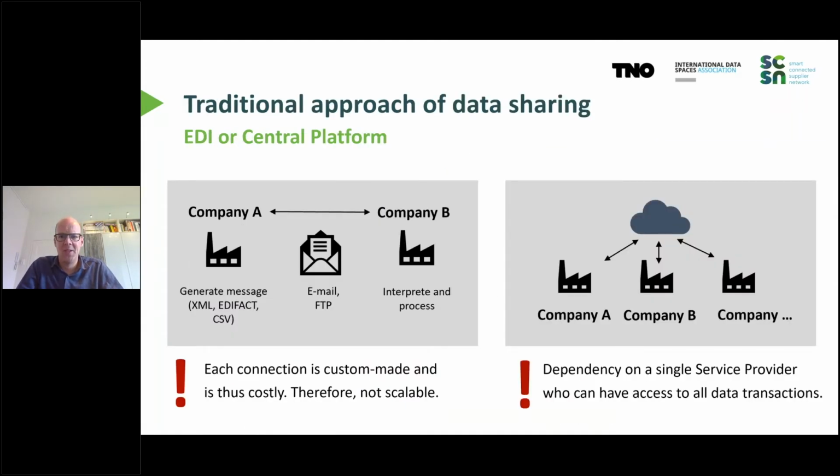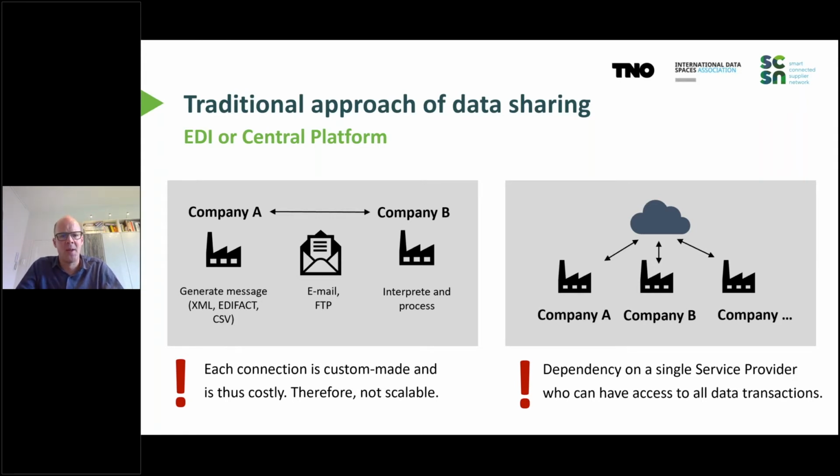And then initially, and this was already a few years ago, we looked at really traditional approaches, like, well, maybe we should go for EDI messaging. It's still being done all over the place. Send electronic messages from one company to the other. But we found that this is actually quite difficult to scale. And well, it is about transmitting data, but you don't have built-in controls about the usage of that data, for instance.